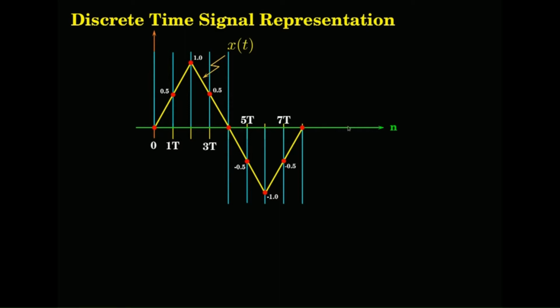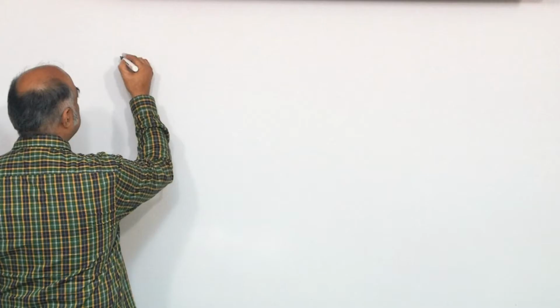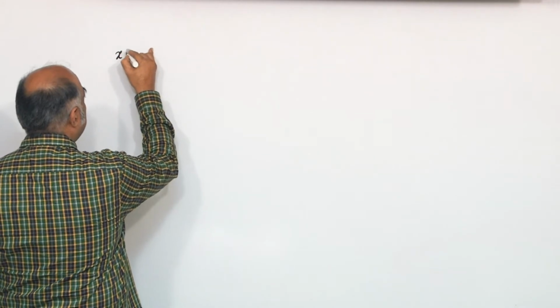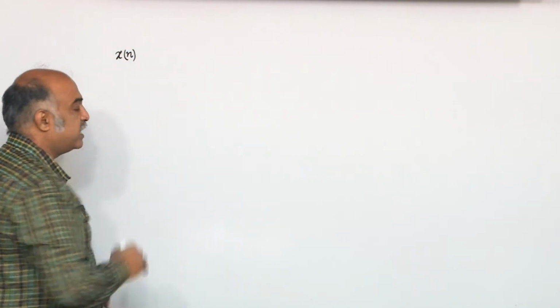Now, how do I write the discrete representation of this? What is x(n), let us say, in the n domain?